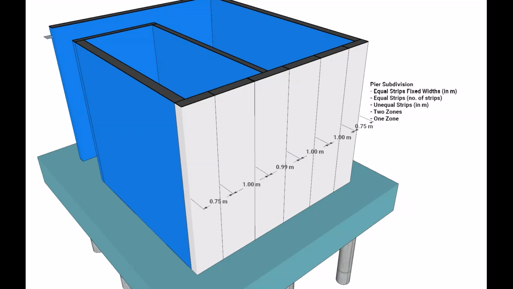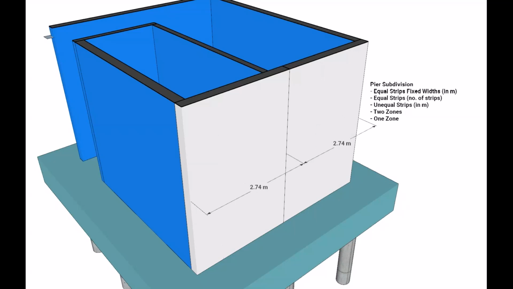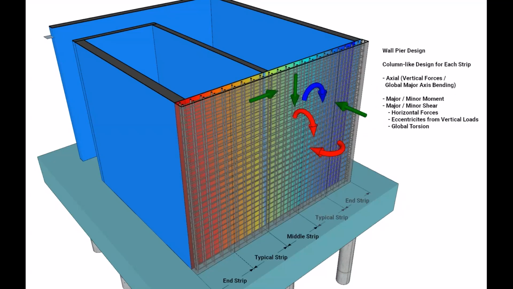And then we can either choose 2 zones, or left and right zones, or else a 1 zone, which I like for getting visual outputs for the total moment or forces acting on a panel or either side. But the smaller strips are more ideal for reinforcement.